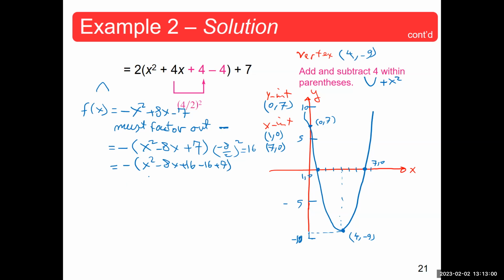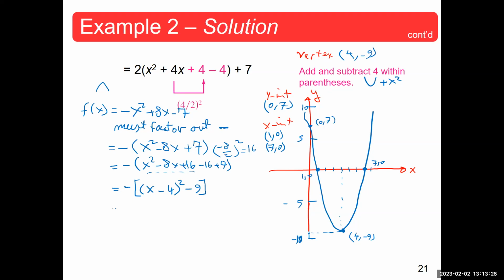Okay, now we know this is my perfect square. I'm going to have another bracket to make, and then say x minus 4 to the power 2, minus 16 plus 7, that's negative 9.